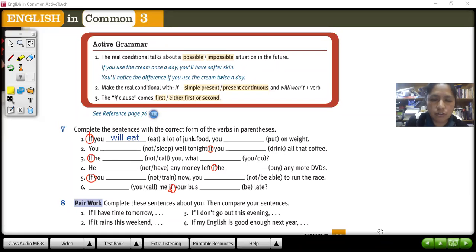If you will eat a lot of junk food, you will... The verb is missing.